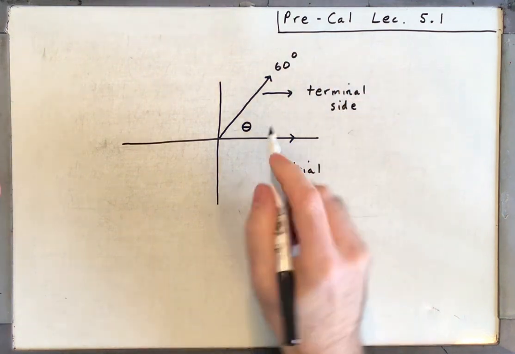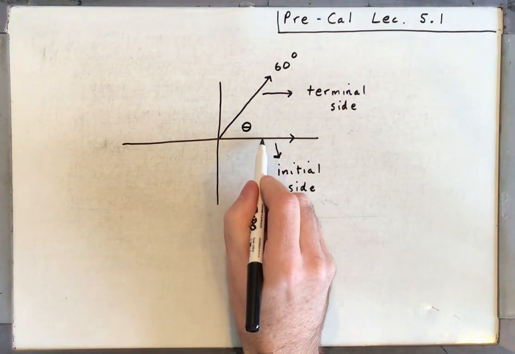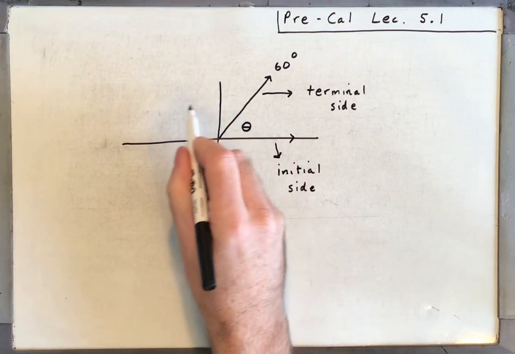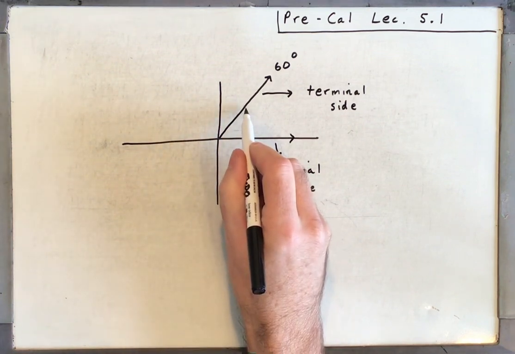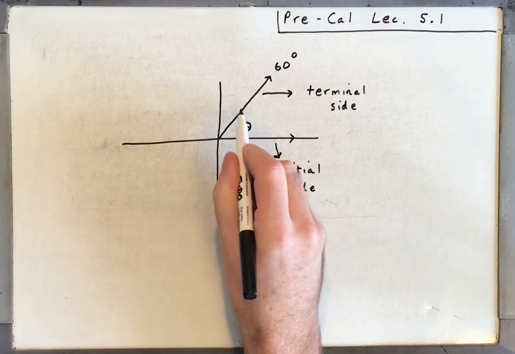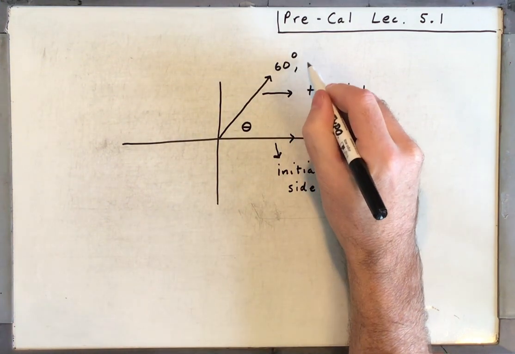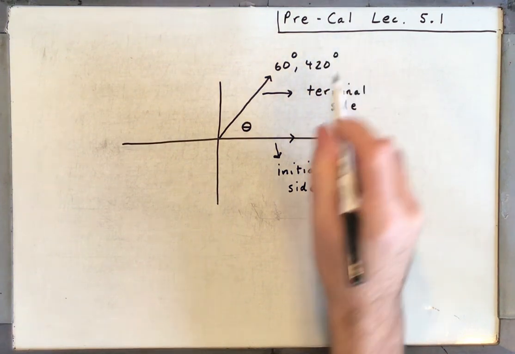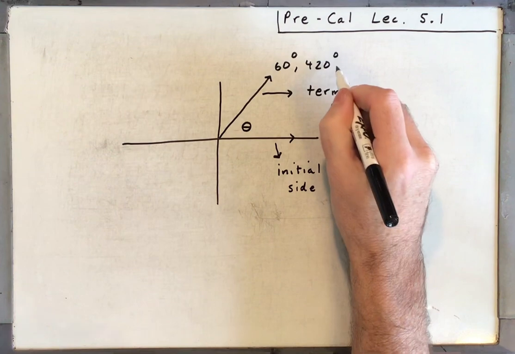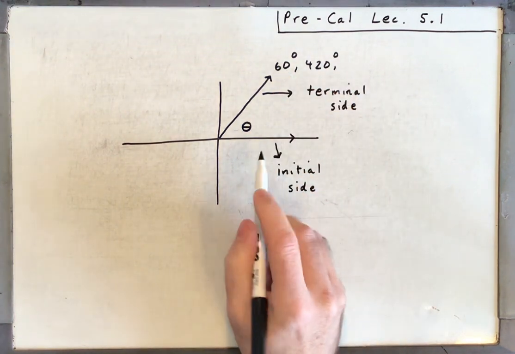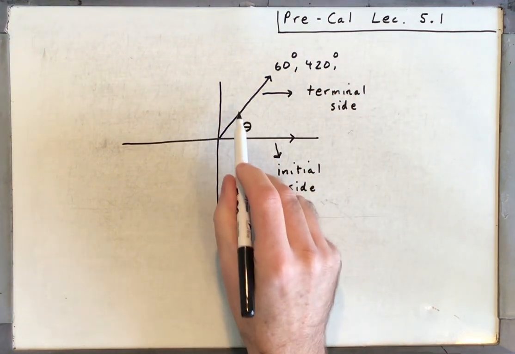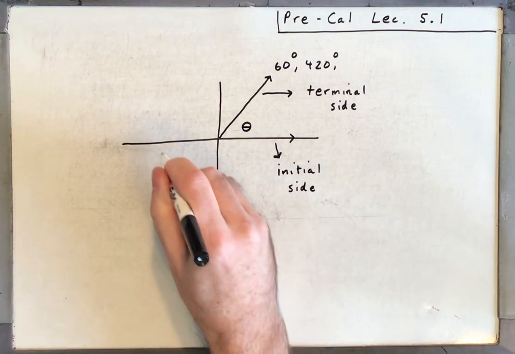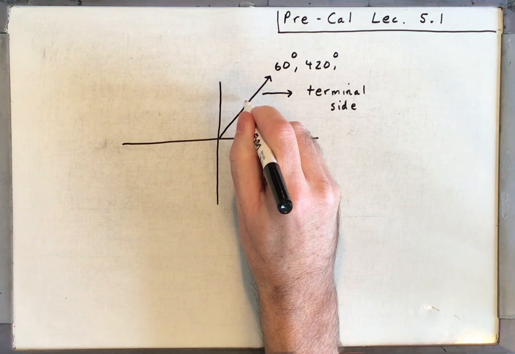Okay, so we measure from the initial side to the terminal side, that's about 60 degrees, but we could also go all the way around that circle and land on it again, and that would add 360 degrees to it. So 420 degrees looks exactly the same as 60 degrees. It's just one more rotation. And let's say we were to start here at the initial side and go around and stop right there.